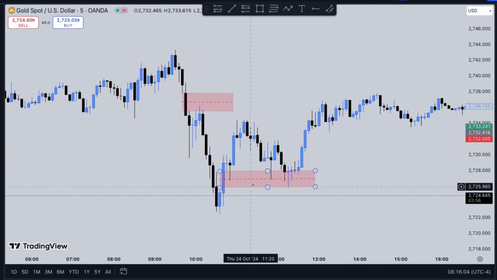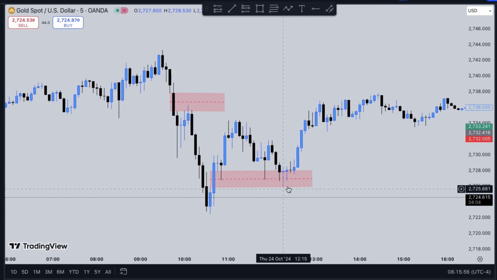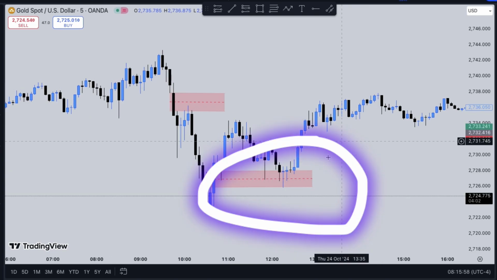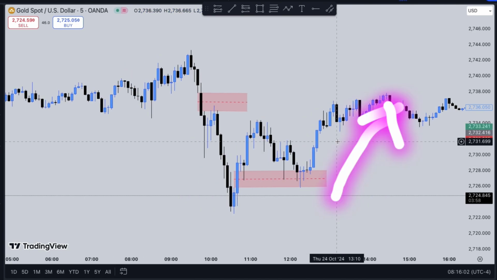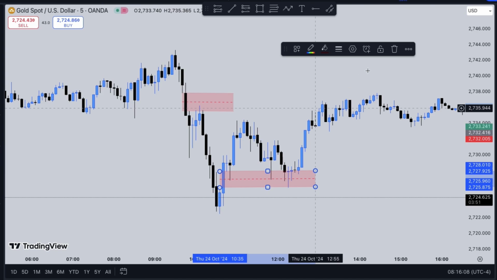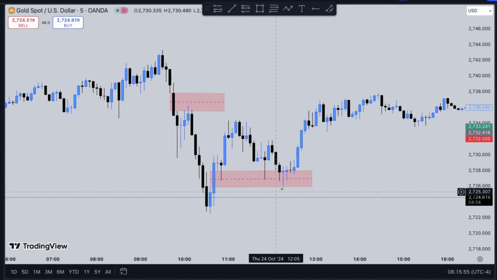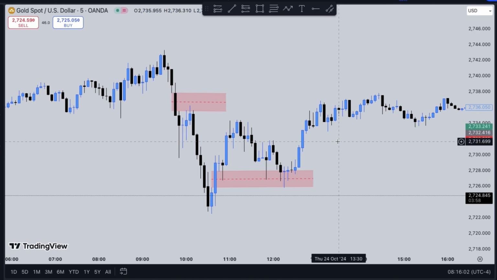Basically, buyers, those who intend to buy in this market, will have their stop loss right below that area. Price comes and takes or sweeps that liquidity, which also means money, before it continues to move. Normally the market does this in order to get more fuel. Those who have their stop losses below these two highs right here are going to get taken out before the market continues to move in their direction.